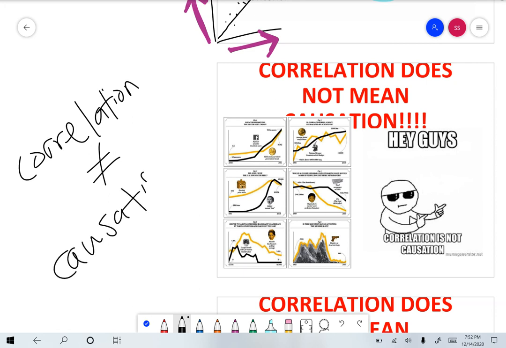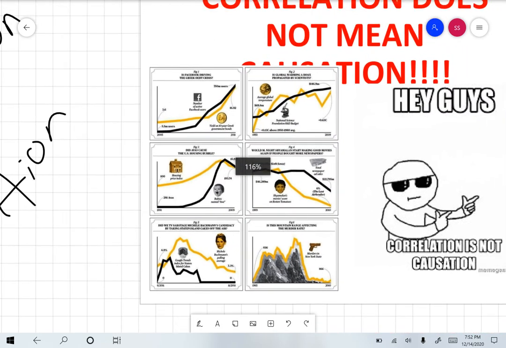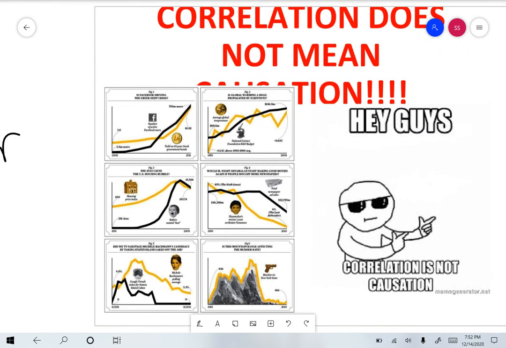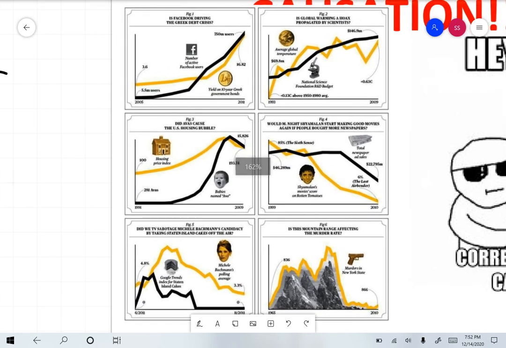So just because there's a correlation or a relationship between two things does not mean that they are actually causing each other. Again, this is one of the biggest concepts in statistics and one of the most important things you can take away from this year, in my opinion. Okay. And we're going to look at some hilarious pictures depicting this.